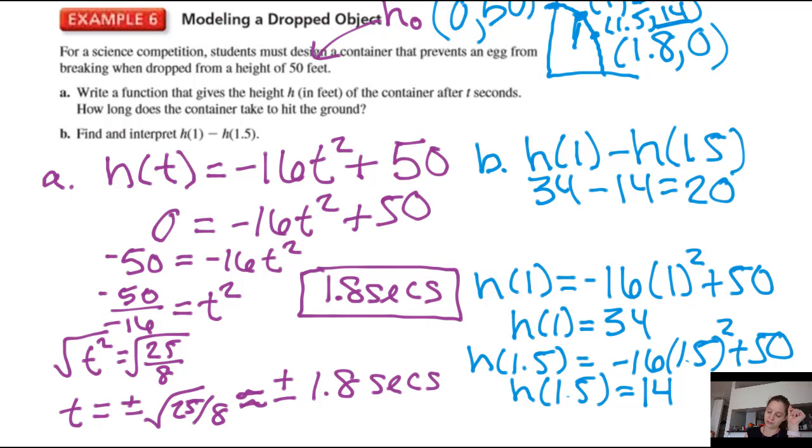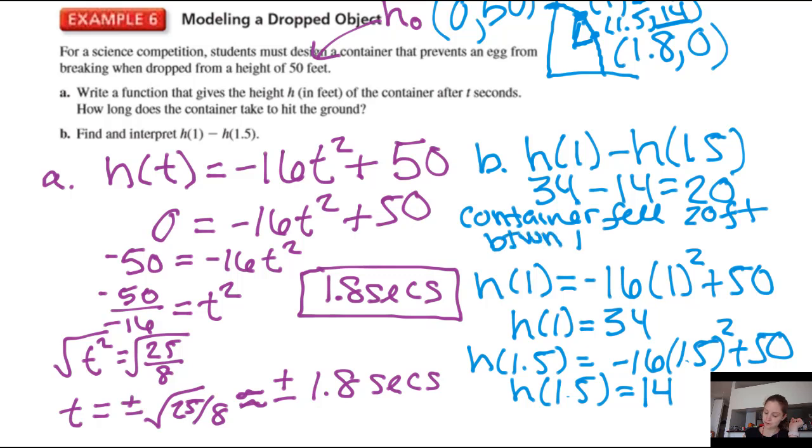So how much the egg dropped by in that time as the time continued. So the container fell 20 feet between 1 and 1.5 seconds.